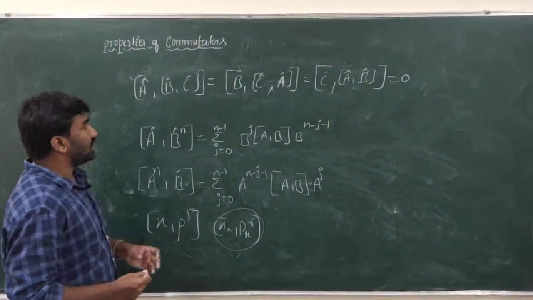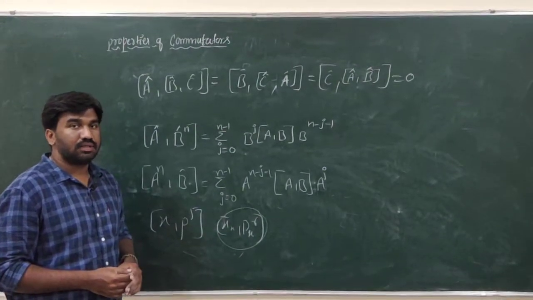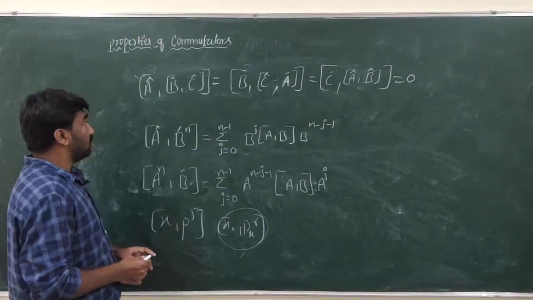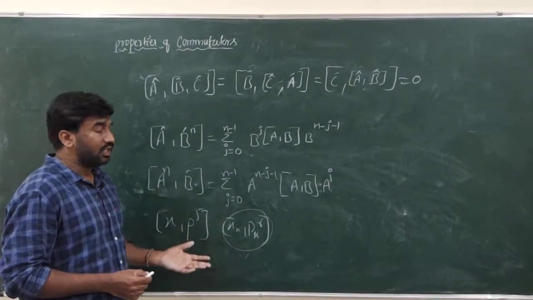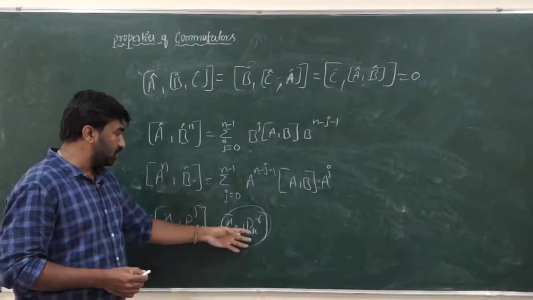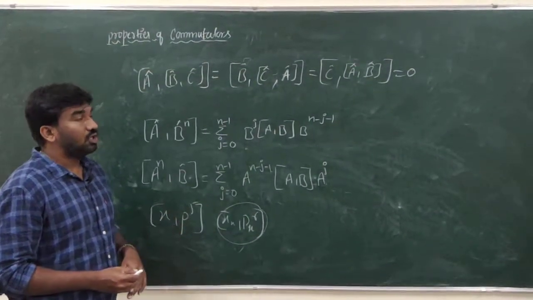So to solve this type of problem, we can use these formulas. Now let us see the commutation relation of these position and momentum conjugate pairs, because these conjugate pairs are very important in quantum mechanics. Here the positional and momentum observable quantities are replaced by quantum mechanical operators.